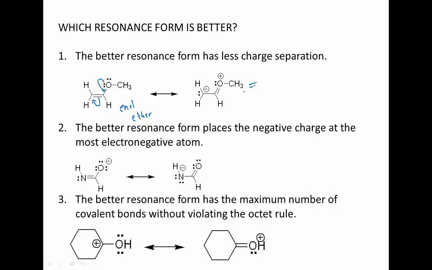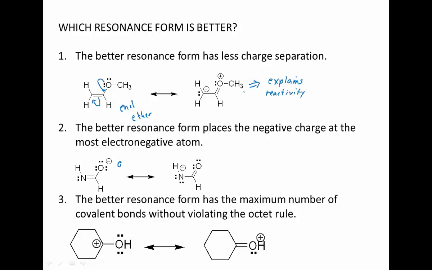This is the less important resonance structure, but this resonance form here, even though it's less important, is very good at explaining the reactivity of this compound. So even though a resonance form's not quite as good, we still can't ignore it. It can still be important in its reactivity profile. The better resonance form places the negative charge at the most electronegative element. Here we see two resonance forms.